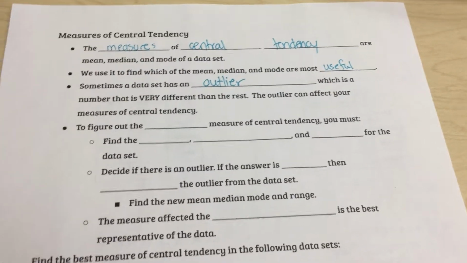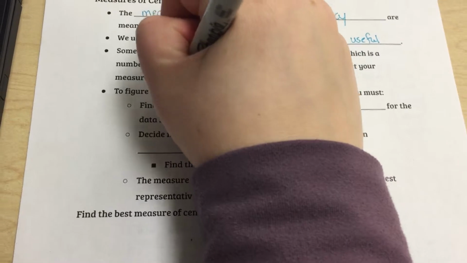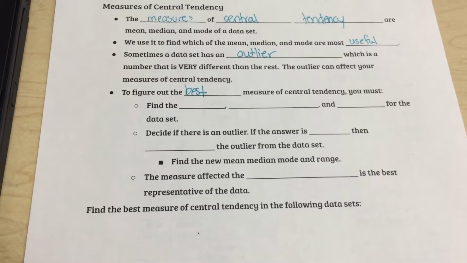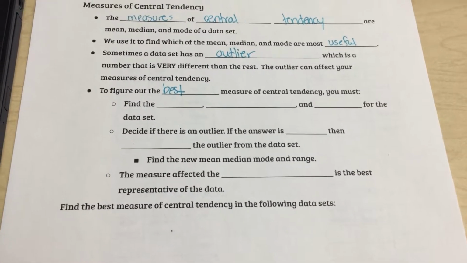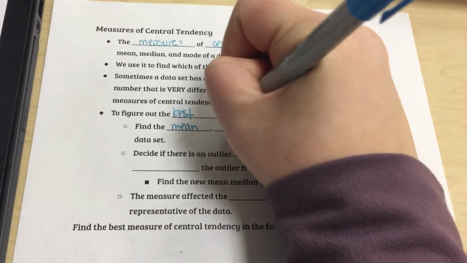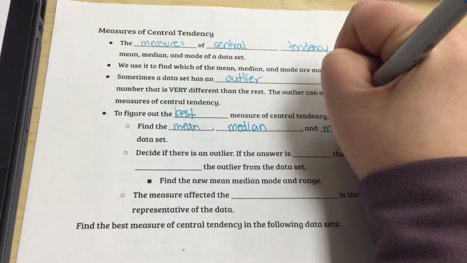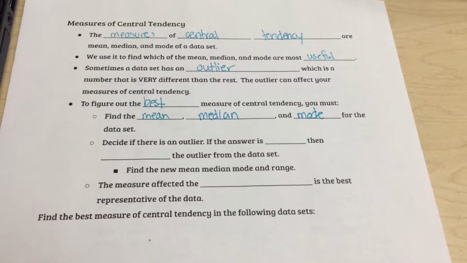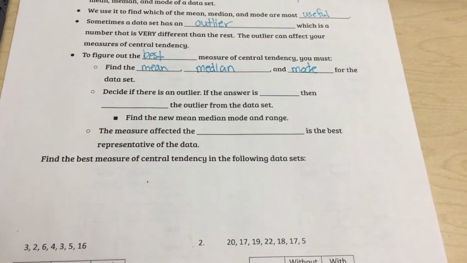So the way that we're going to figure out the best measure of central tendency, meaning which one's the best to use, either the mean, median, or mode, there are some simple steps we're going to follow. First, we're going to find the mean, median, and mode for the data set. Pretty simple so far. We know how to do all those things. Then we have to decide if there is an outlier.